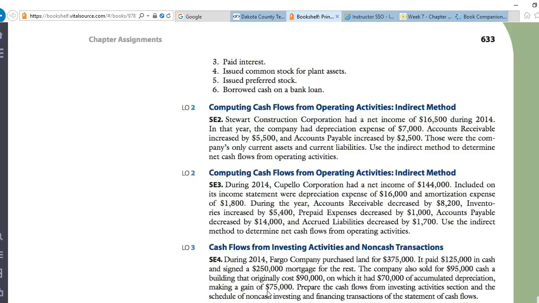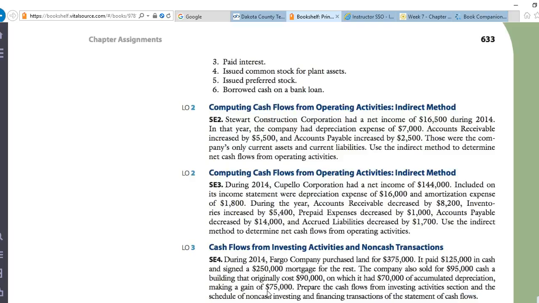If accounts receivable decreased by $8,200, think about this. That means we brought in cash during the year. So when accounts receivable increases, we subtract that amount. When accounts receivable decreases, we add it to our net income. When inventories increase by $5,400, we used cash to buy that inventory.